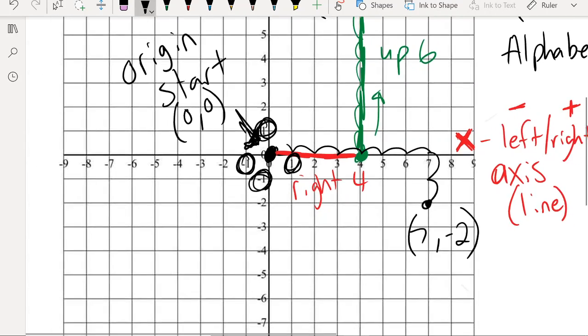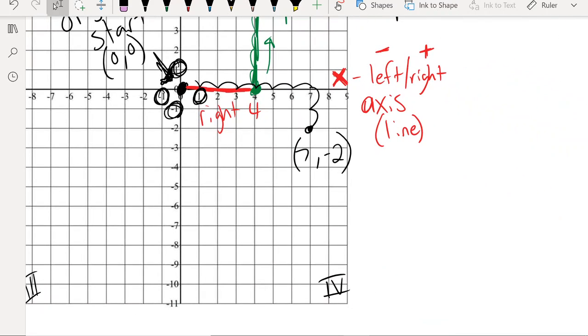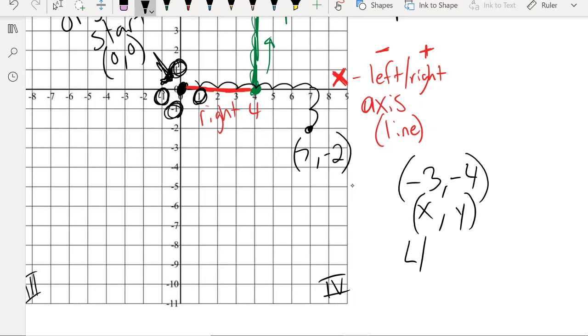Now, what if I gave you a point and then I told you to find out where that point is? So let's say -3, comma, -4. How would you do that? Well, first you have to remember that it's always going to be x and then y, which means I'm going to go left or right, and then up or down.